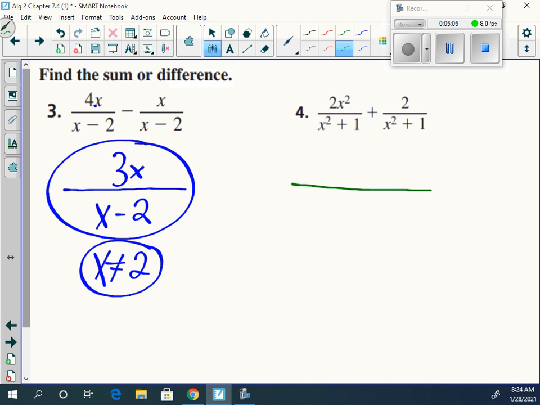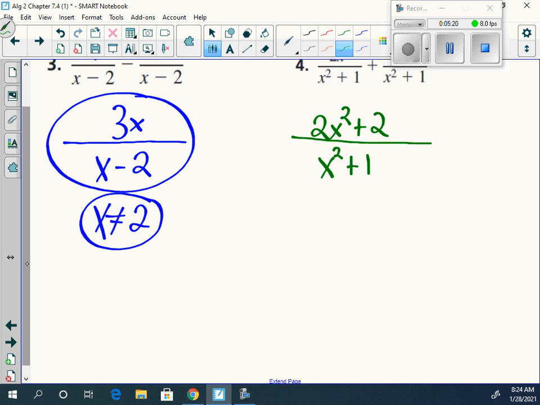Okay. How about the next one? Can we add these together? If I add these together, I would get 2x cubed plus 2 on top and x squared plus 1 on the bottom. Is there a greatest common factor on top? Well, yes.